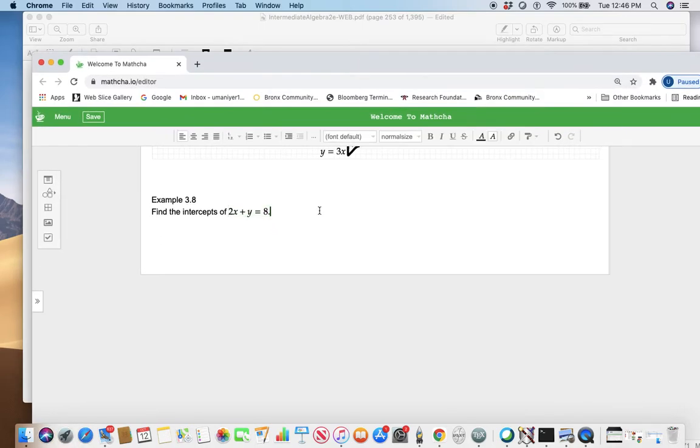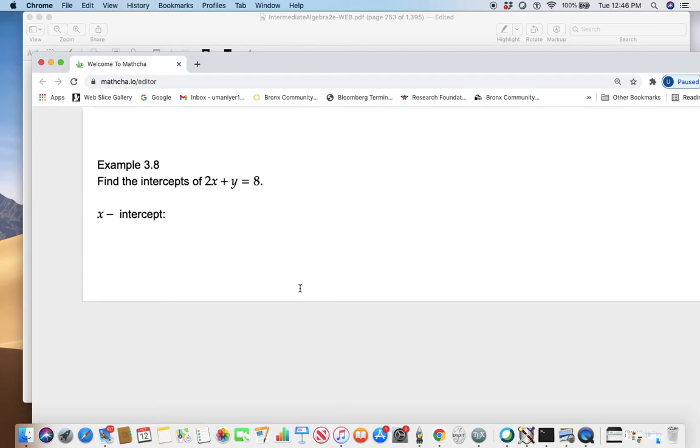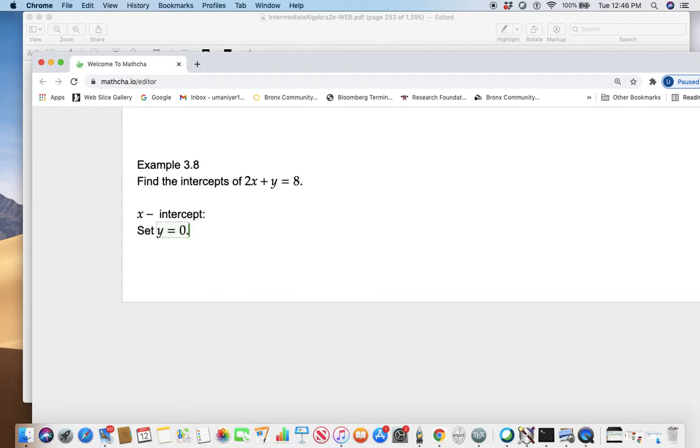So let's go one step at a time. X-intercept. To find the x-intercept, you set y equals 0. Once you set y equals 0 in your original equation, what happens? 2x plus 0 equals 8. That is 2x equals 8.